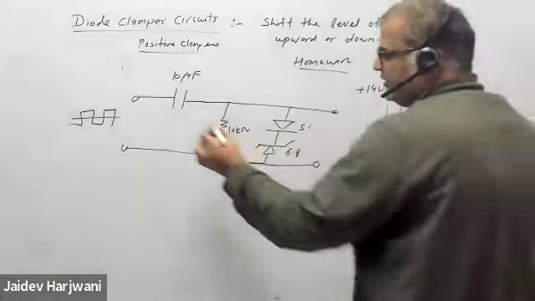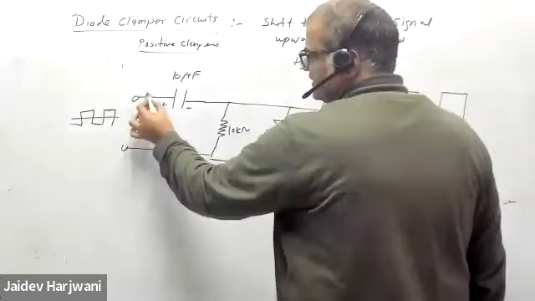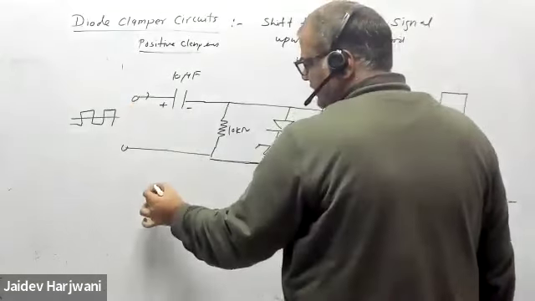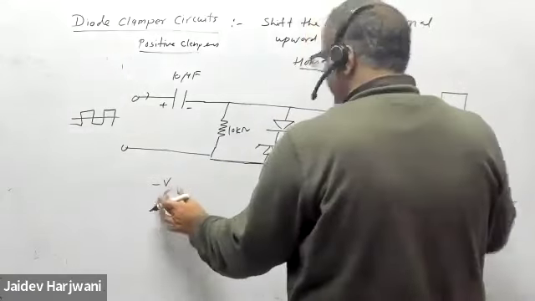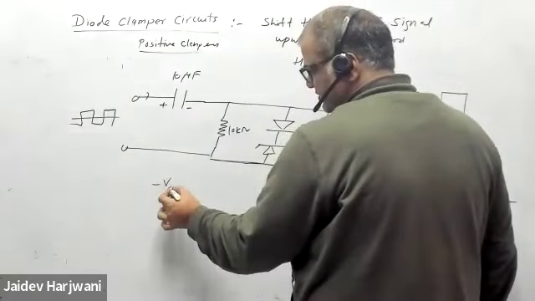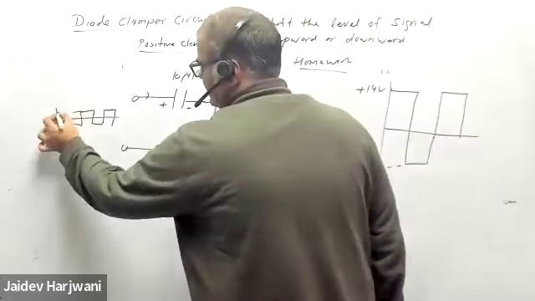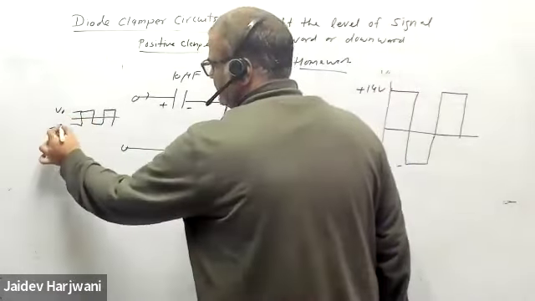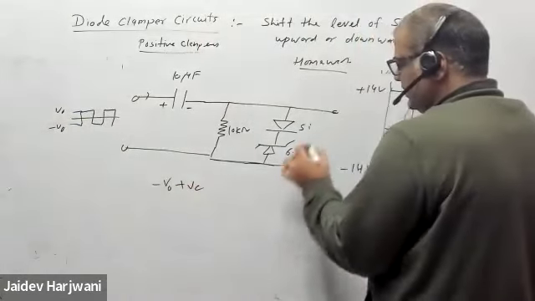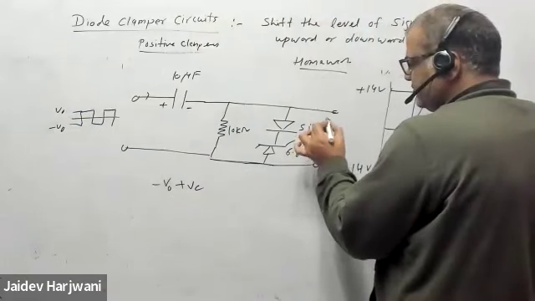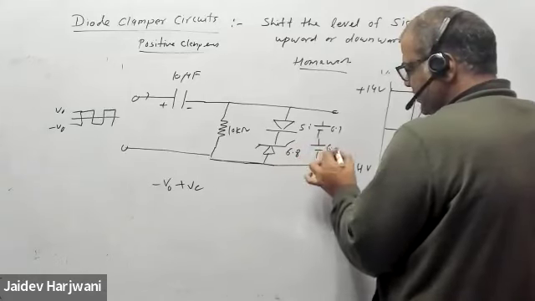Voltage will come here, and voltage will come here. Now let us again see if it's charging like this. I'll take my V input here. So I'll take minus VP, minus whatever value is there. Okay. So let us say plus minus V naught. Call this V naught. This is minus V naught. I'll take VC here. Okay. Here it will be replaced by a battery of 0.7, and here it will be replaced by a battery of 6.8.